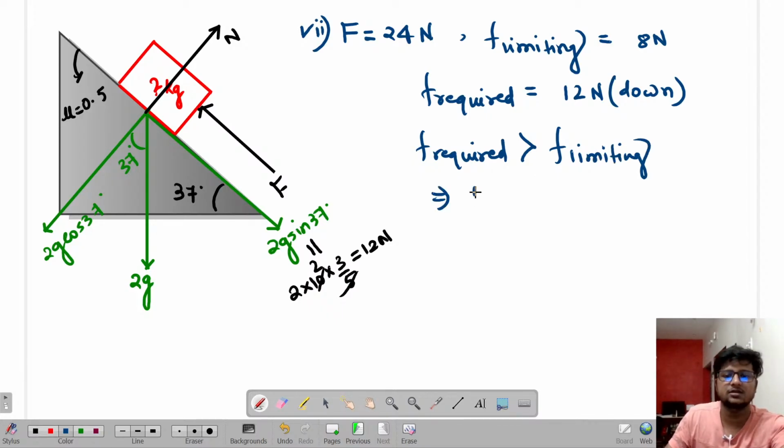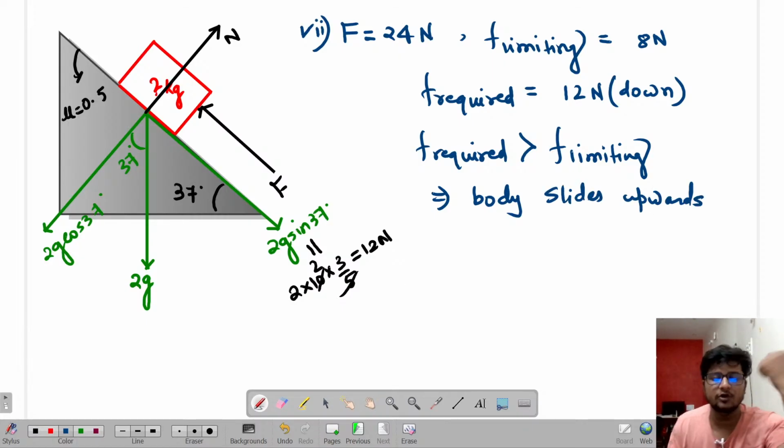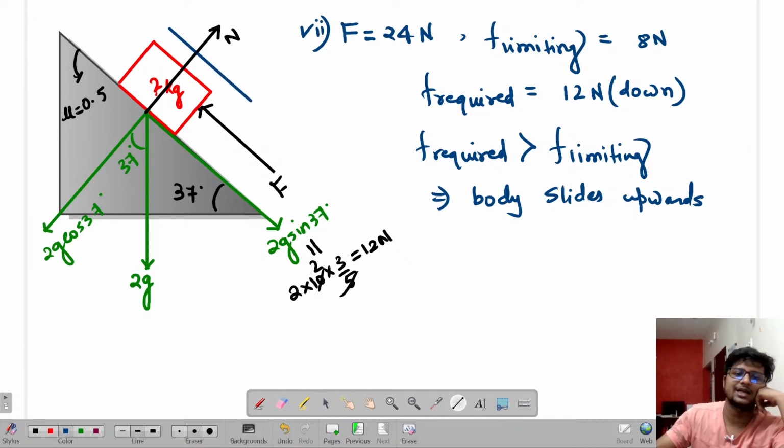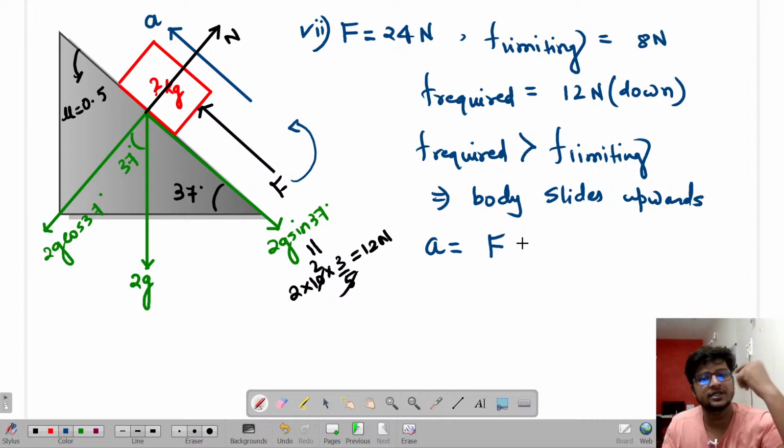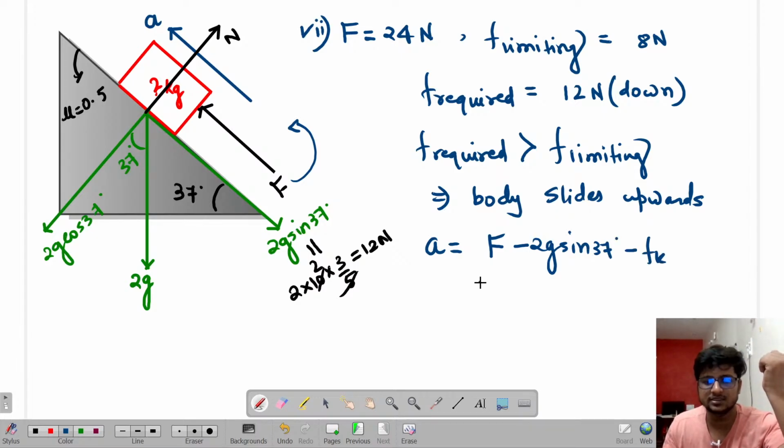This means that body slides upwards, and it will have some acceleration, Balaks. That acceleration is again the same thing: pulling force, which is capital F, is in the direction of acceleration, and the two forces in opposite direction are 2g sin 37 and friction, which will change to kinetic friction, divided by mass which is moving. Is that clear or not?